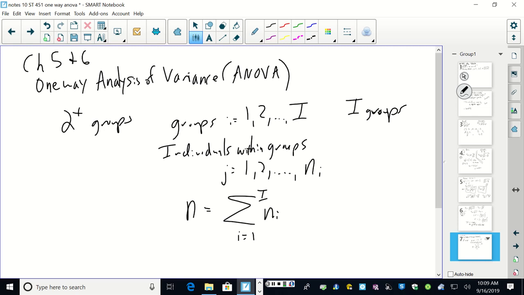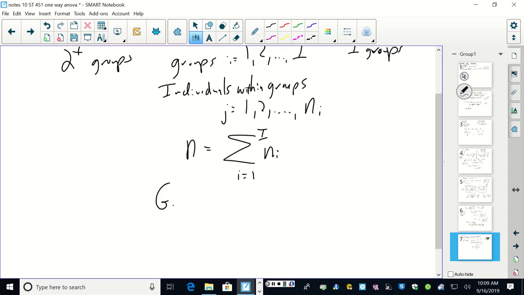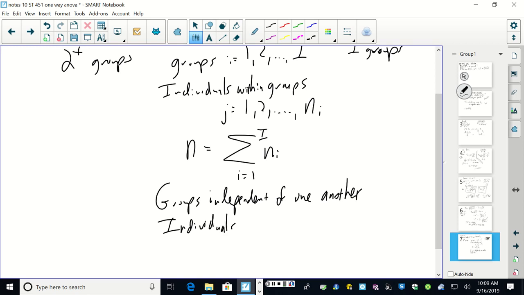We're going to assume that the groups are independent of one another, and we also assume that the individuals are independent of one another.